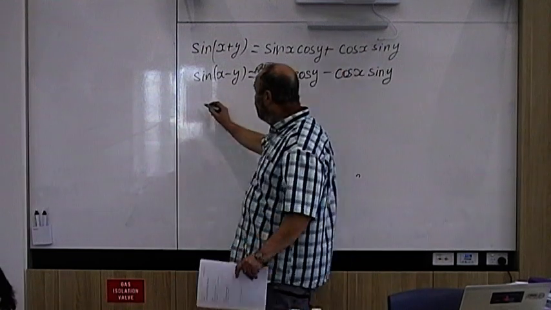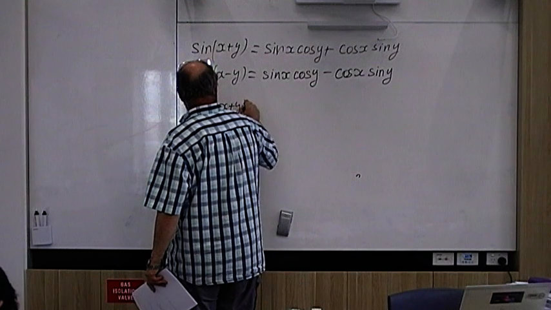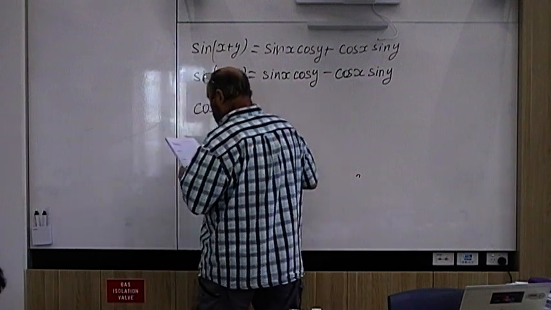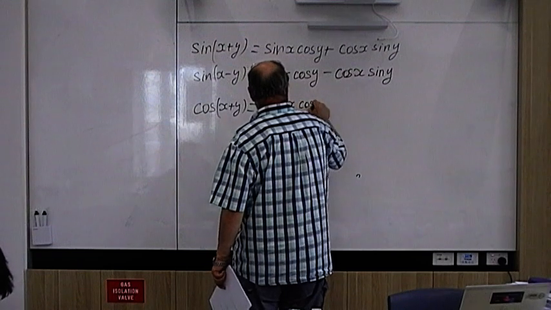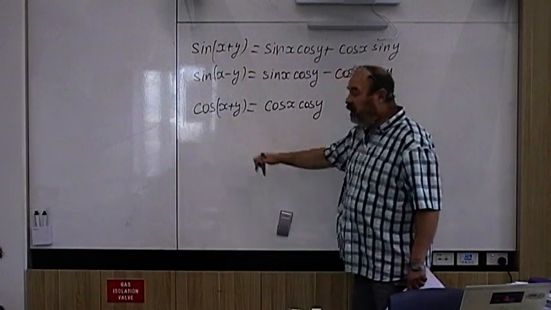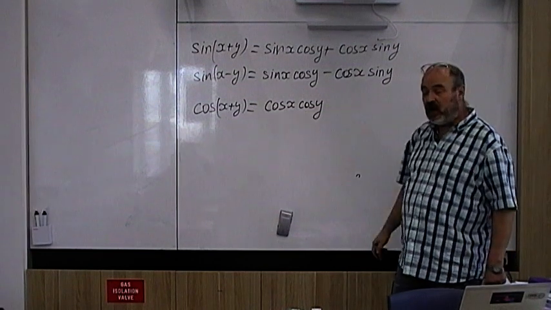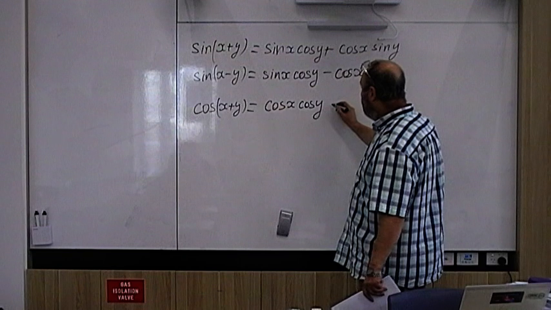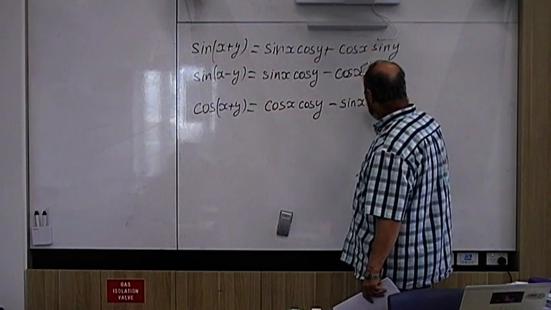Cos of x plus y will be equal to cos x cos y minus sine x sine y.